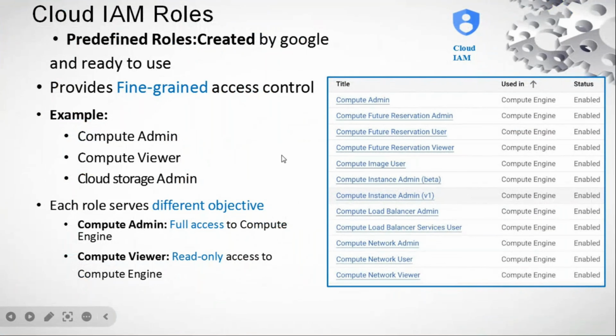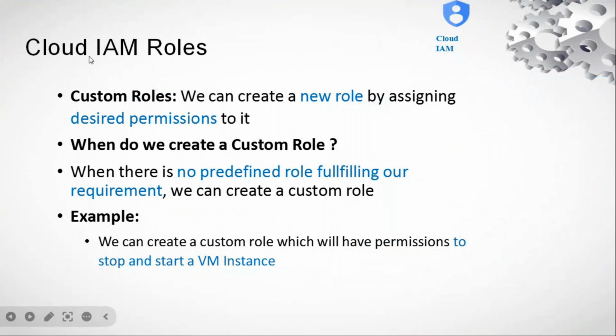Now we will discuss the custom roles. What are IAM custom roles? As a user, we can create our own new roles by assigning our desired permissions. Suppose a predefined role is not fulfilling our requirement.